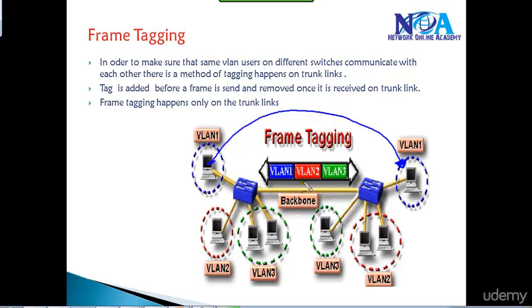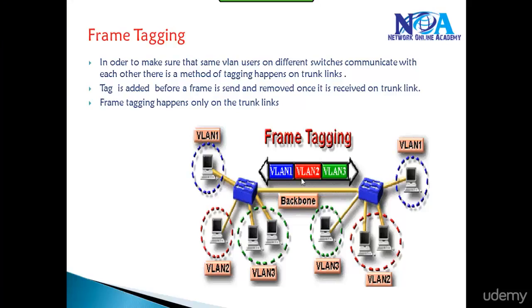They will be going on the same link, but there is a color differentiation here. VLAN 2 communicates with VLAN 2 on a different switch, and VLAN 3, the green VLAN, communicates with the green VLAN on a different switch, on the same link.